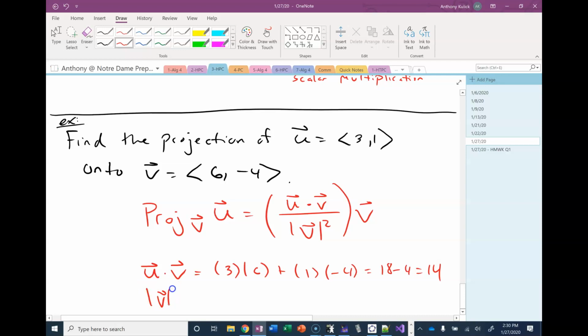And I'm going to need the magnitude of v squared. Well, that's pretty nice. The magnitude squared, the square just is going to cancel that square root.